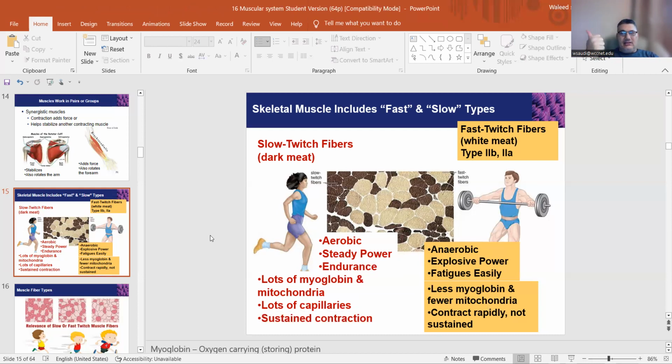It's slow, yes, that's not very good, but it is sustained, meaning I can do that aerobic for an hour. I can carry something that's light and keep it for half an hour. Sustained. Slow. Dark. Why is it dark? A lot of myoglobin and mitochondria and a lot of capillaries.